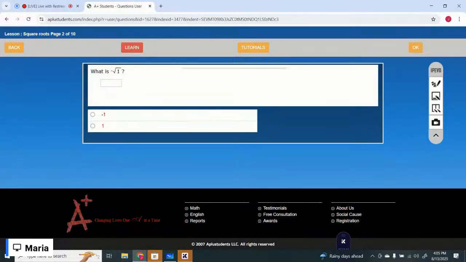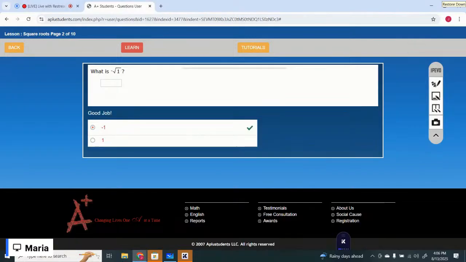What is square root 1? So square root of 1 is 1, right? We already have a negative sign outside, so that would be negative 1. Option number 1 is the correct option.